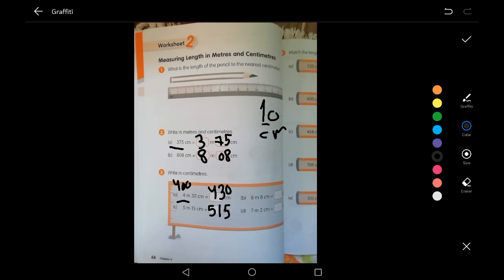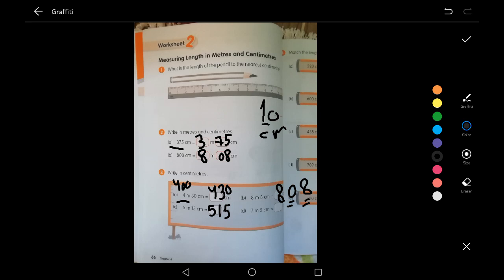Fit it in the box. In the hundreds place we are going to put the meters, and in the tens and the ones place we are going to put centimeters, right? So what is in the tens place? 0, we don't have any tens, and the ones place 8, so the answer is 808 centimeters.